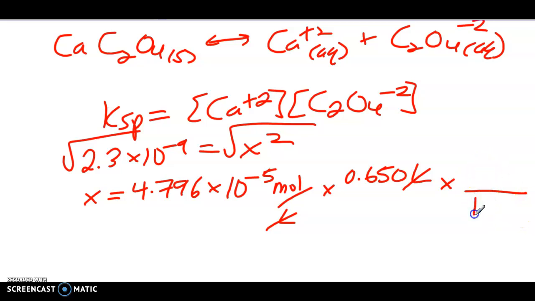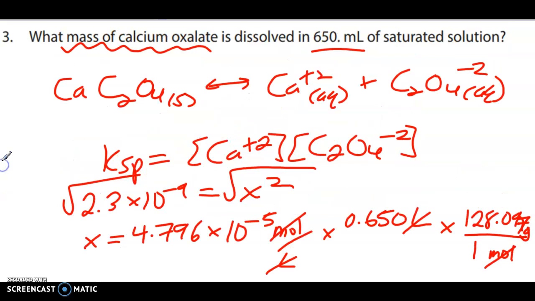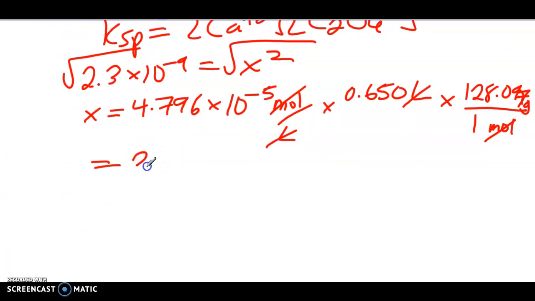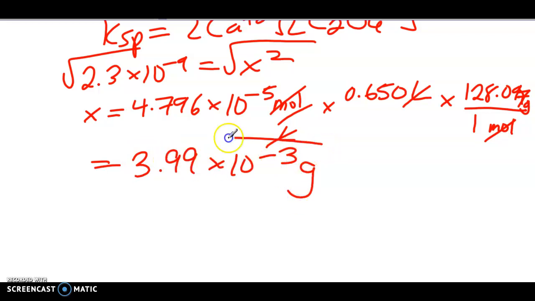So we would have in 1 mole, the molar mass of calcium oxalate is 128.097 grams. Ooh, it's kind of squished in there. So that would cancel out our moles. This would leave us with a gram value. So here we do have sig figs. We have 3 significant figures because of the decimal point at the end of that 650. So this ends up being 3.99 times 10 to the negative 3 grams.